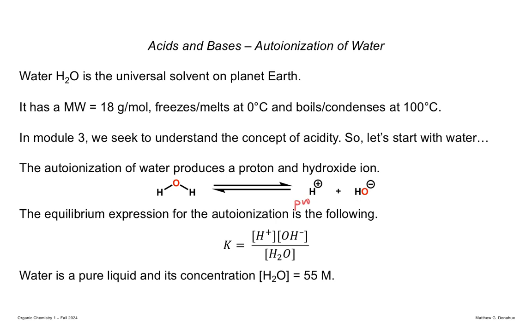So that's just called a proton, H+, and OH- is called hydroxide. So you see you have plus, minus. Overall, they balance, so it's neutral. So auto means it just sort of happens, and then ions are forming these two ions, and the charge is balanced.